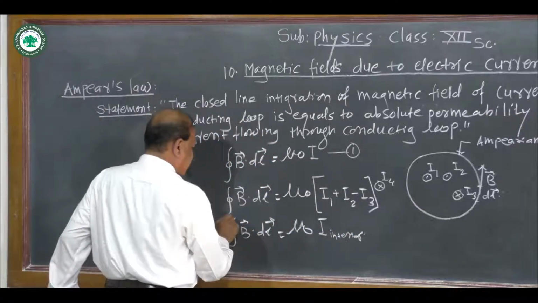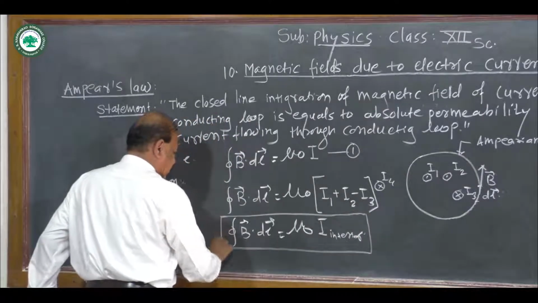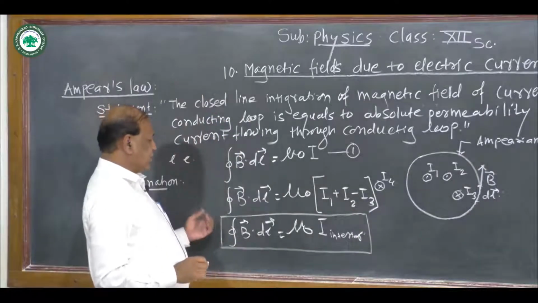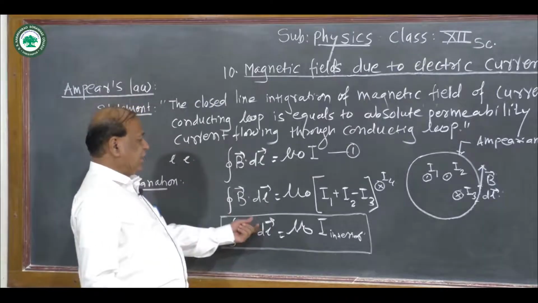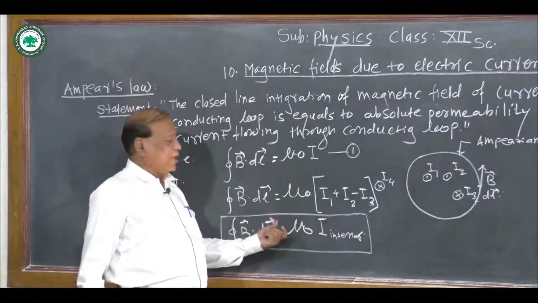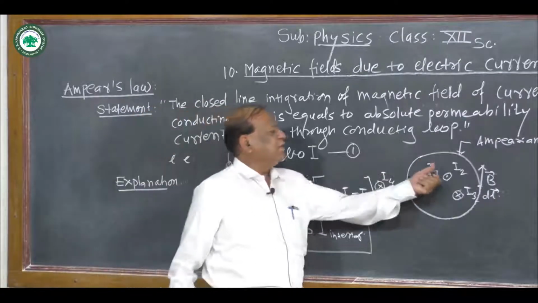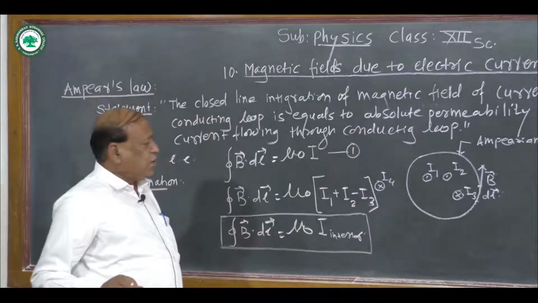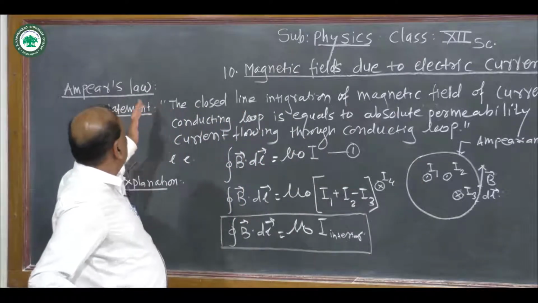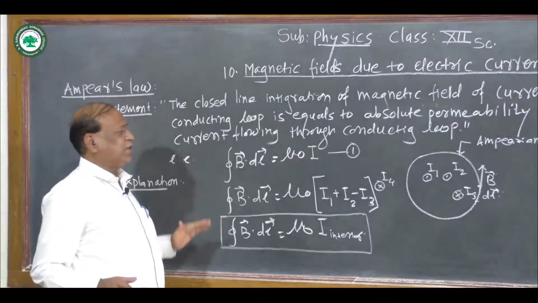And now this is another statement of this Ampere Circuital Law, that the closed line integral of B dot dl is equal to mu 0 times the current in the interior of the Amperian loop. In this way we state Ampere's law and we explain it here.